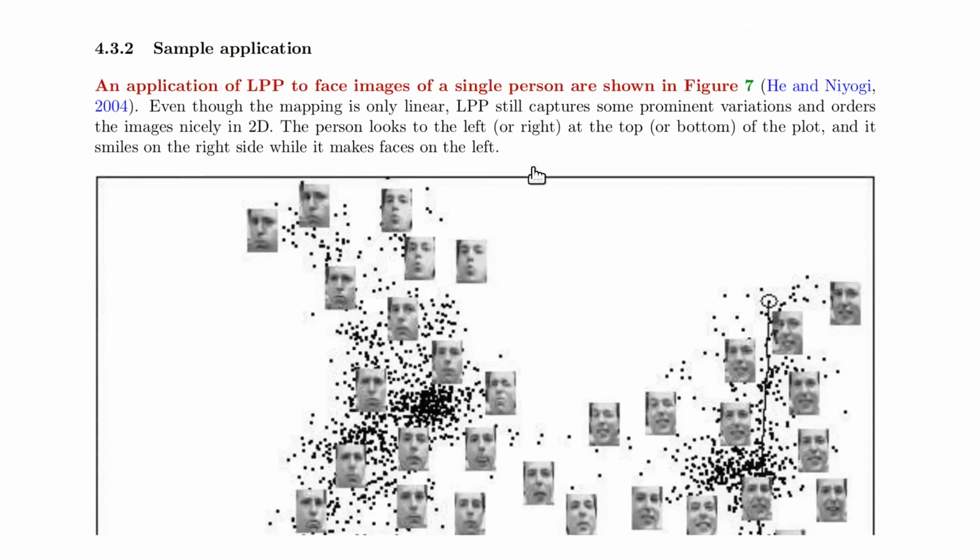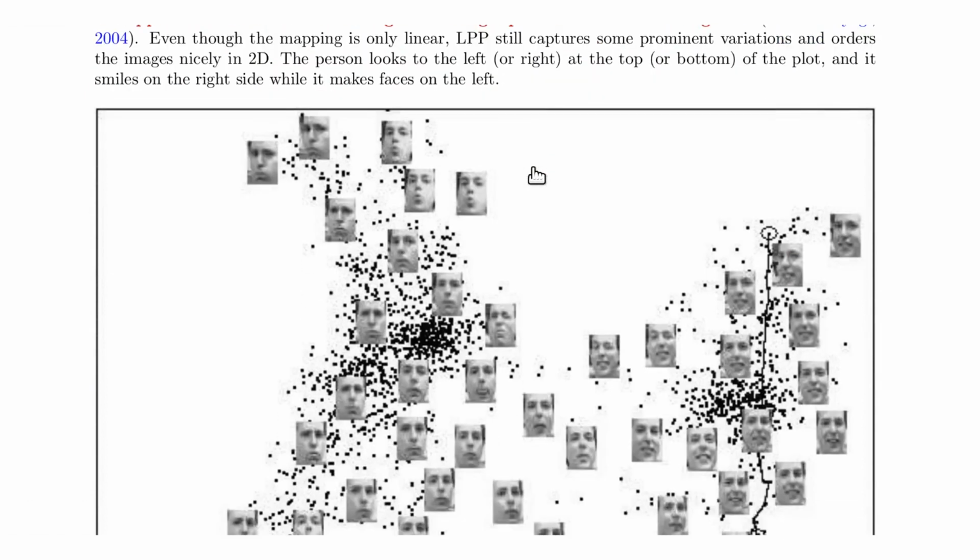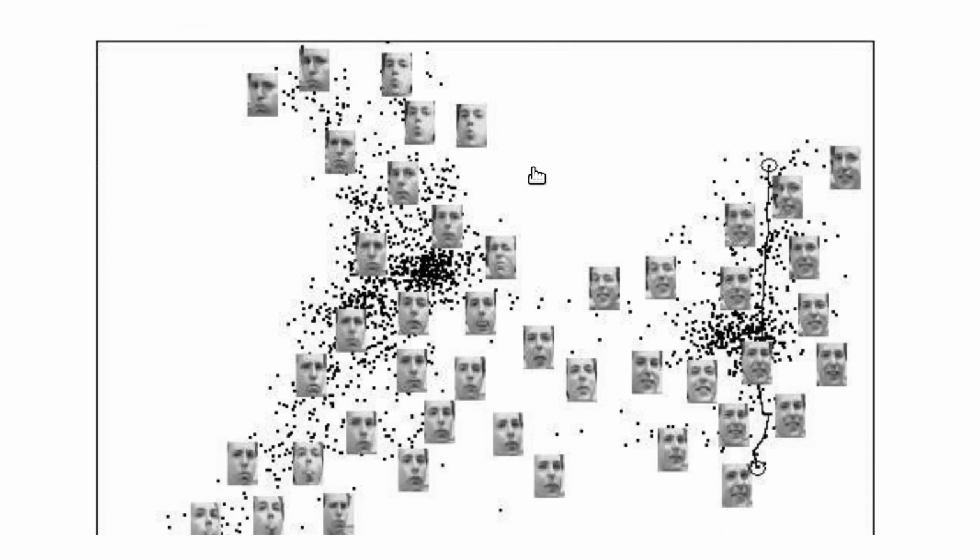So here's a sample application where there's a whole movie of a face making grimaces and some mimic expressions and rotating, etc. And if you do a linear projection, because it's a linear method, of the image into the two-dimensional space, you get this result here, and you see how face images that are similar group together. So the similarity is preserved.